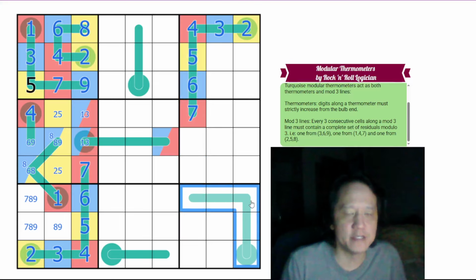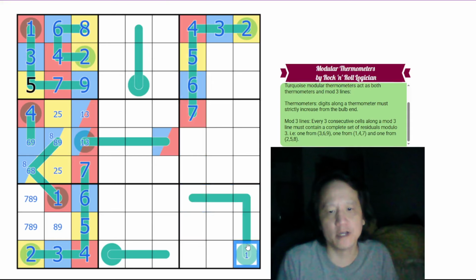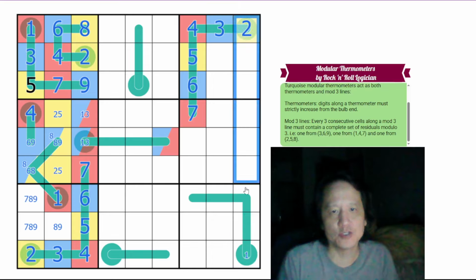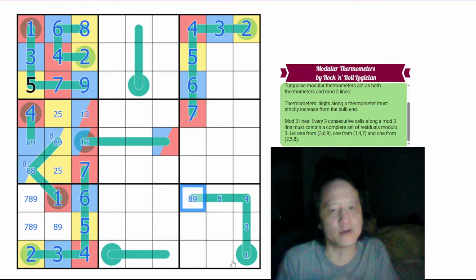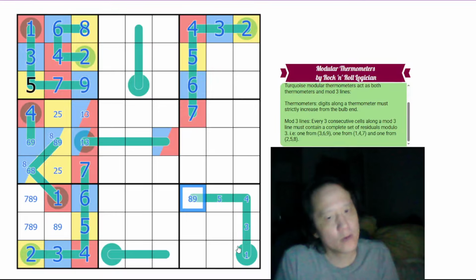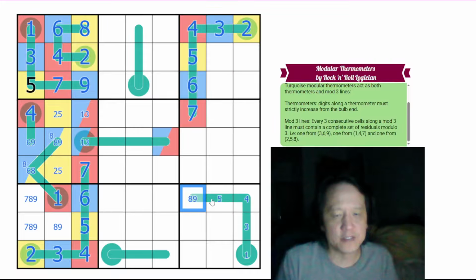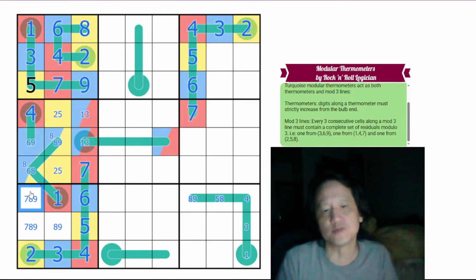What about remaining digits here? We can have 1 as the minimum. This cannot be 2 because of the 2 in the column, so it could be 3, 4, 5. This cannot be 6 or 7, so it's 8 or 9 here. If this is 9 at most, this could be 8. This cannot be 7, because if this is 7, that forces this to be 8 and 9, which would eliminate all possibilities for that cell there.